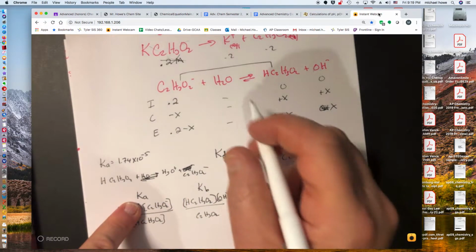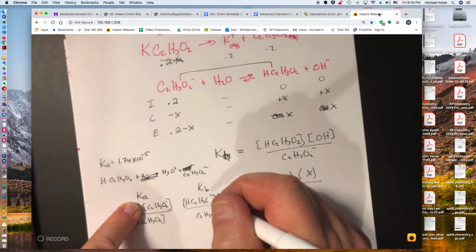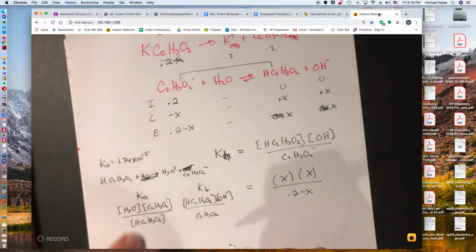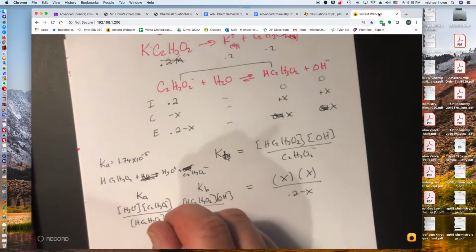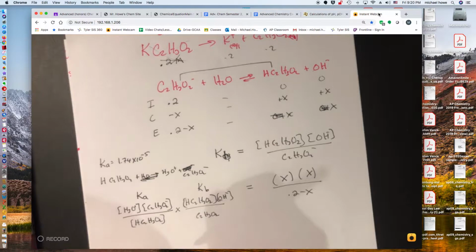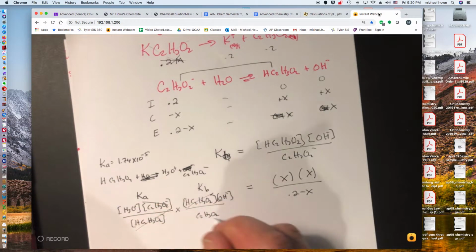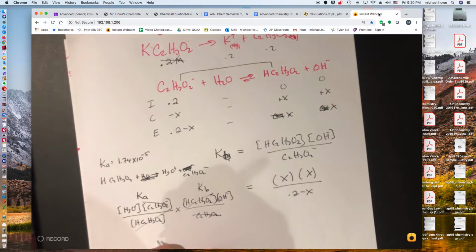Now this is Ka for an acid and Kb for its conjugate. So any conjugate acid-base pair works this way. Now if I were to multiply these two things together, mathematically that would cancel and that would cancel, and I'd just be left with hydronium times hydroxide. And that, of course, is Ka times Kb.